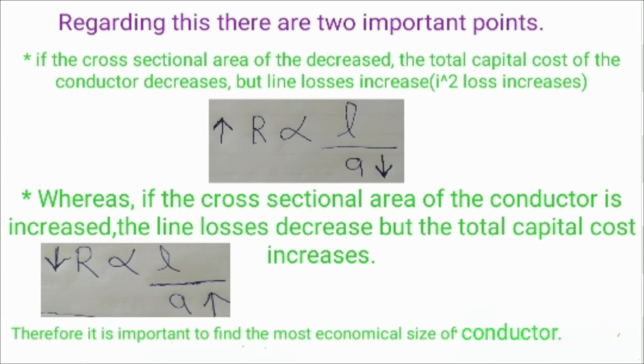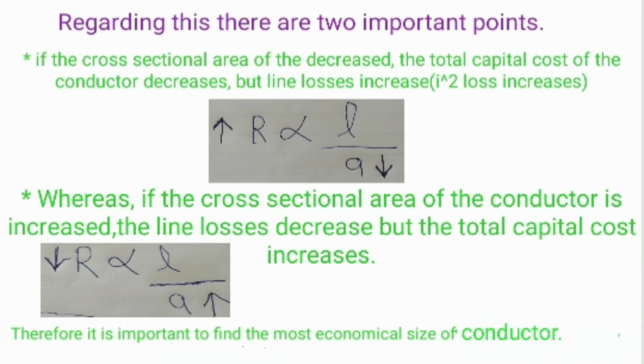Students, regarding this, there are two important points. First, if the cross-sectional area of the conductor is decreased, the total capital cost of the conductor decreases, but line losses increase. As you know, I squared R loss increases.